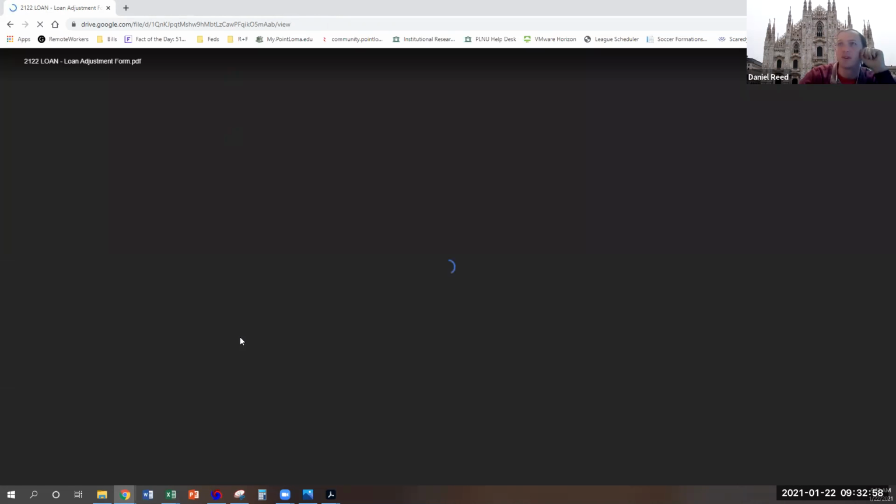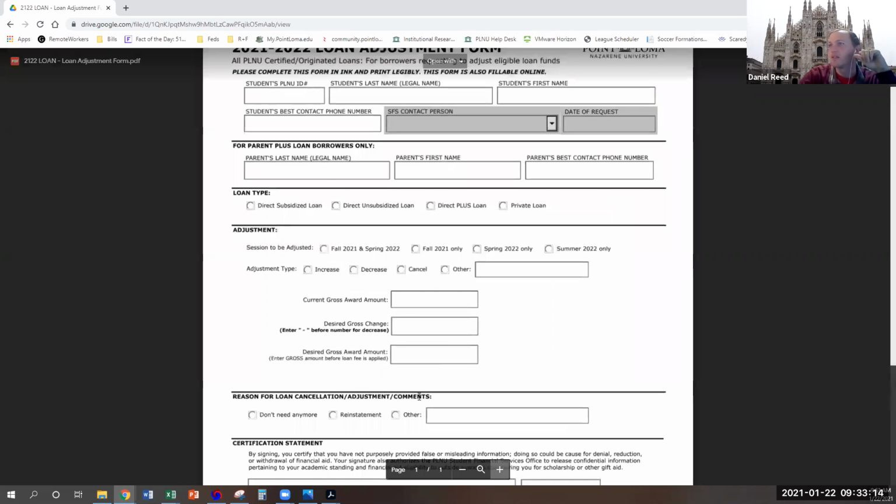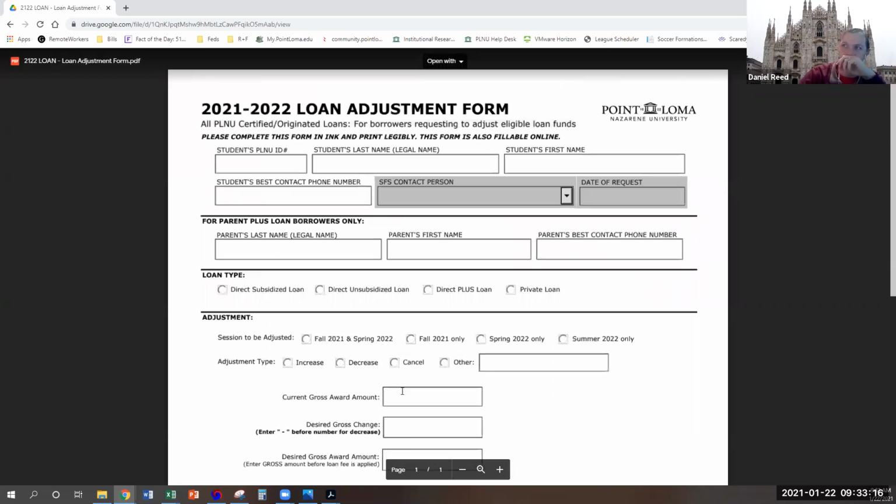There were no updates to this form for the 21-22 year, but I did want to walk through it just because that's another common one that comes up. And we're making good time through our other forms. I'll zoom in on that one a little bit too.